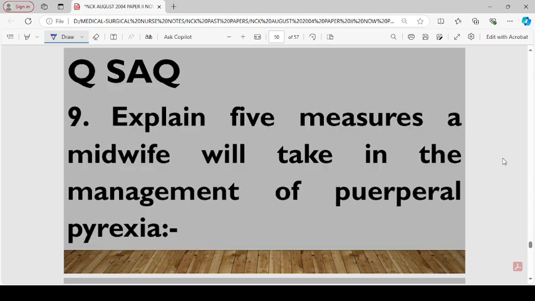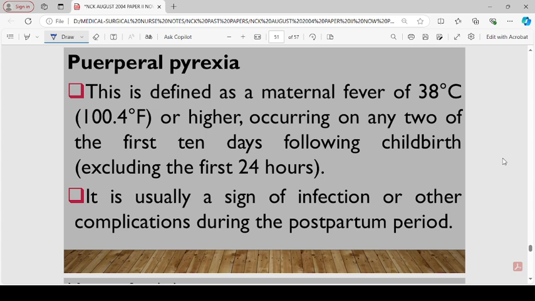The other question was about explaining measures a midwife will take in management of puerperal pyrexia, right? Remember, puerperal pyrexia is defined as maternal fever of 38 degrees Celsius, that is equivalent to 100.4 degrees Fahrenheit or higher, and it should be occurring on any two of the first 10 days following childbirth, okay?